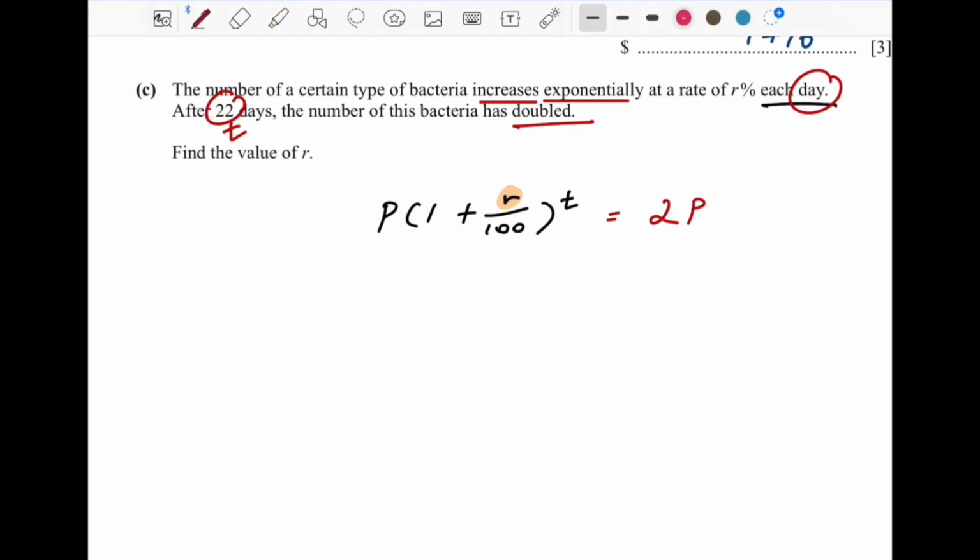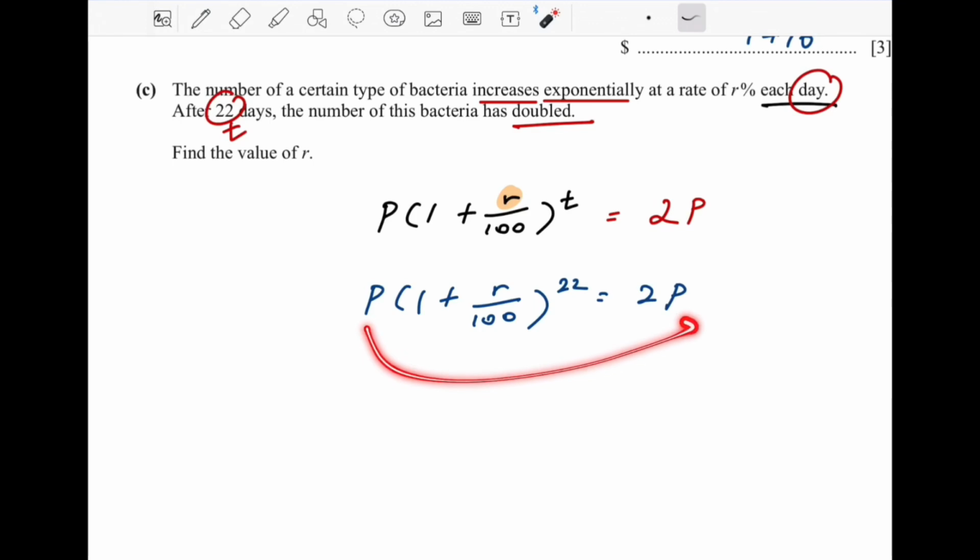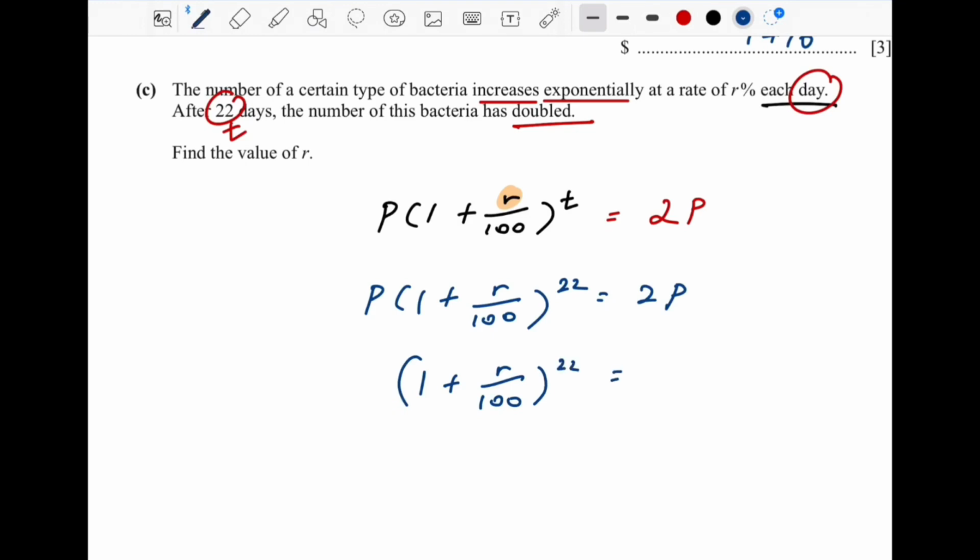Okay, let's put it in. P, T replaced with power 22. Find R. So bring the P over to the other side and get rid of P. So just 2.